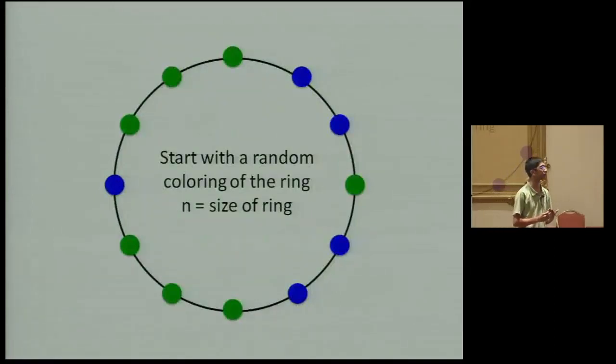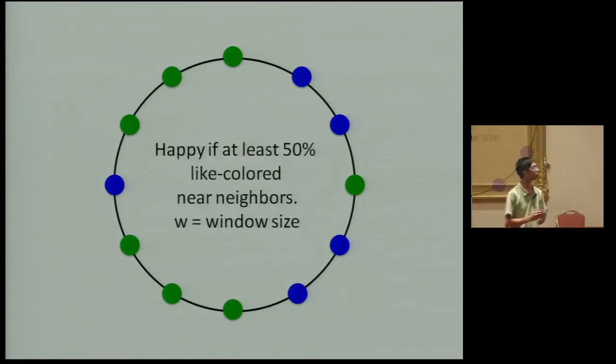I'm going to describe the model to you now. We start with a ring of length n, and each position of this ring at the beginning is either green or blue with equal probability. Then we define what it means for an individual to be happy versus unhappy. An individual is said to be happy if at least 50% of his nearby neighbors are the same color as him. You might be wondering, how do we define a near neighbor? We have a parameter called W, which is the window size.